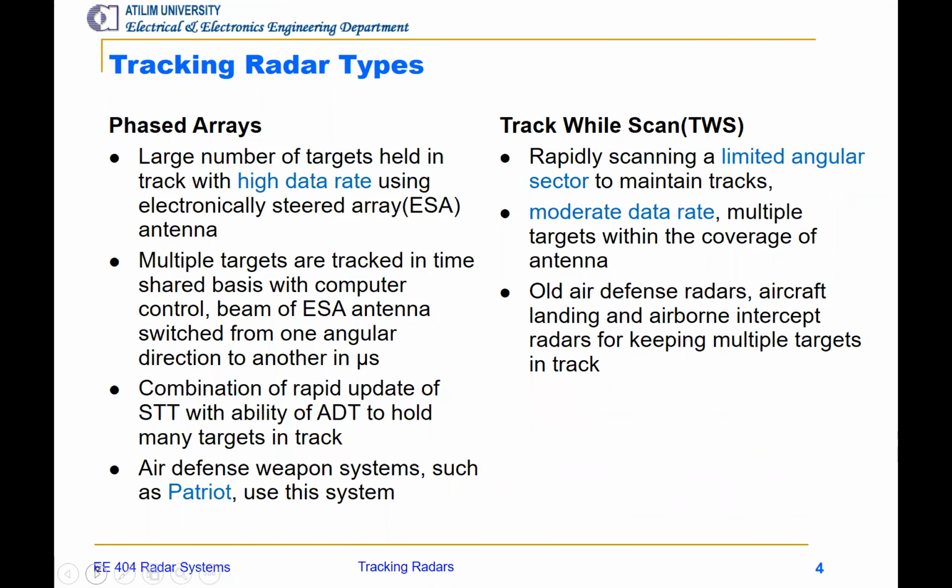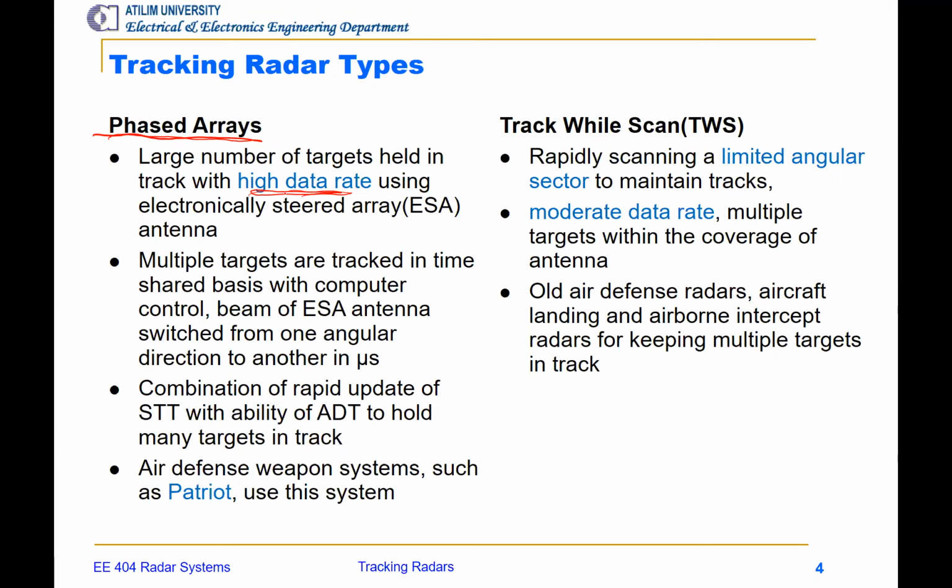The third tracking radar type is phased arrays, which has been very popular, and it's quite complicated technology. It's a combination of somehow STT and ADT. It provides high data rate, and with this high data rate, it can track many targets together.